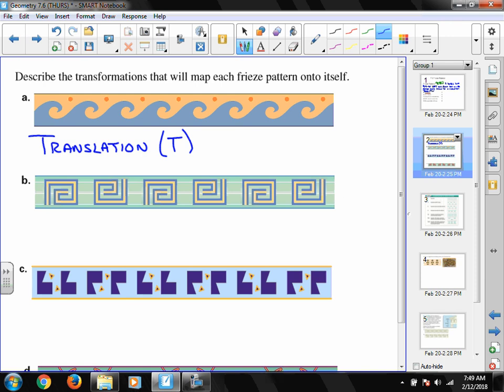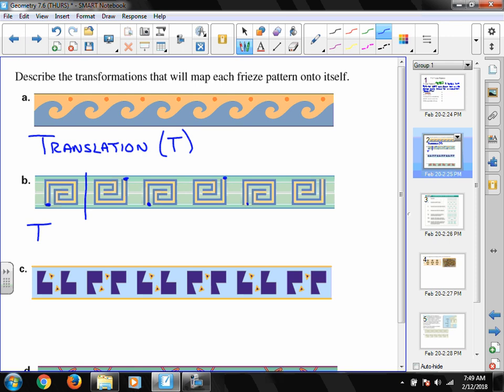B, I've now got, I think it looks like a little maze. I start with this first one here. In order to get from this first piece to the second piece, obviously I need a translation, but there's more going on. If I notice this point right here is facing down, now it's facing up, now it's back down, up, down.